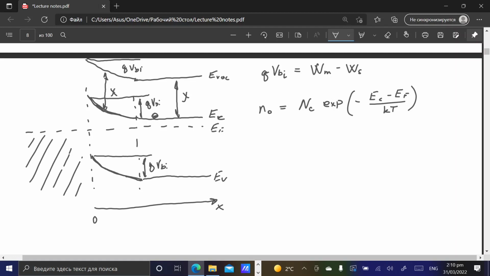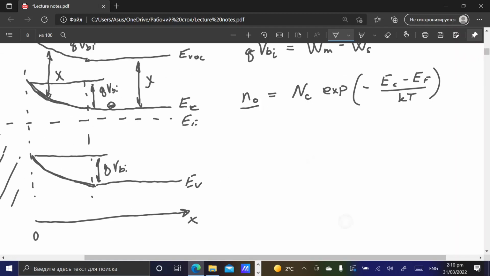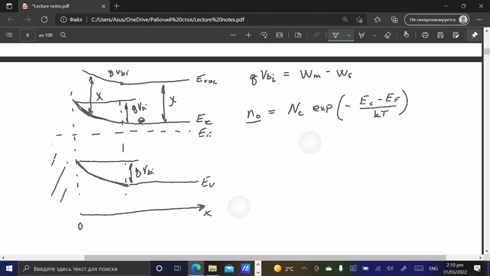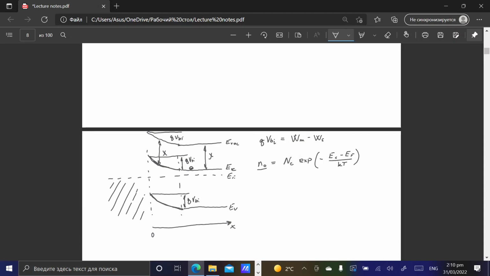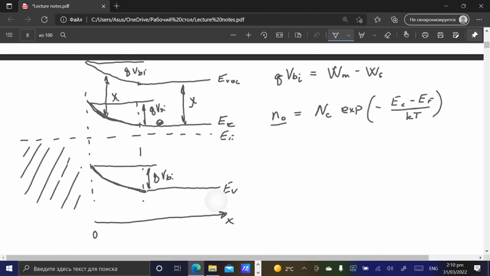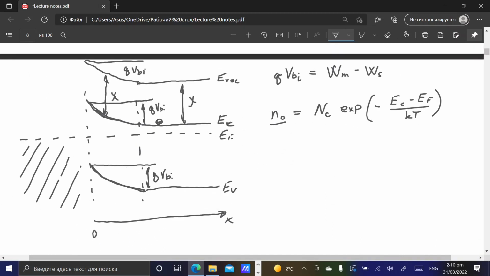We see that we have a very strong exponential dependence of equilibrium charge carrier concentration on the gap between the bottom of the conduction band and the position of the Fermi energy level.